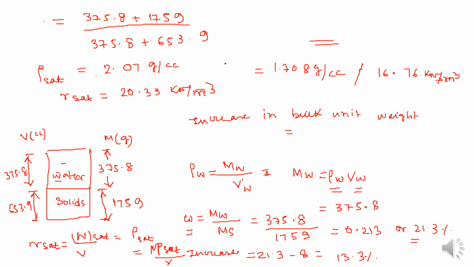So we are just subtracting 20.33 minus 18.05. So it is coming at 2.28 kilonewton per meter cube.